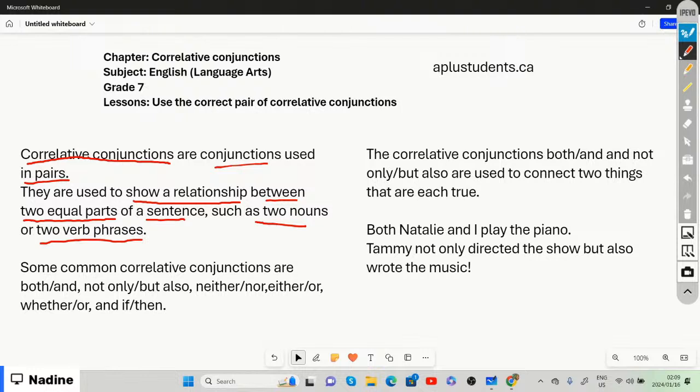So when it comes to correlative conjunctions, let's say the pair both and.